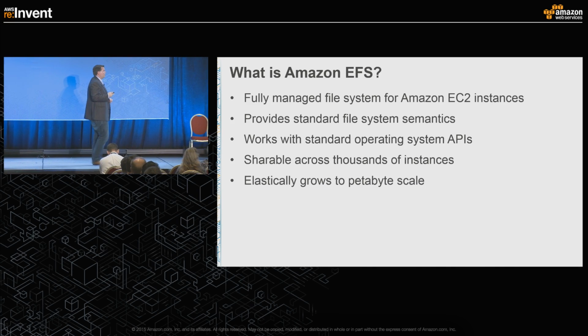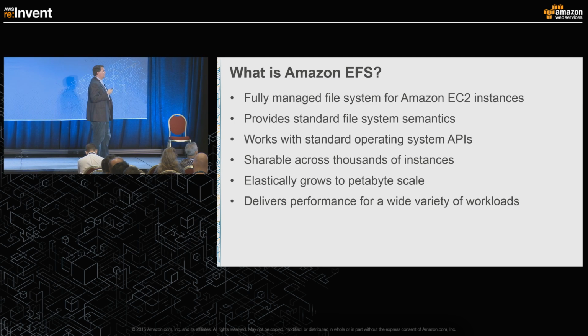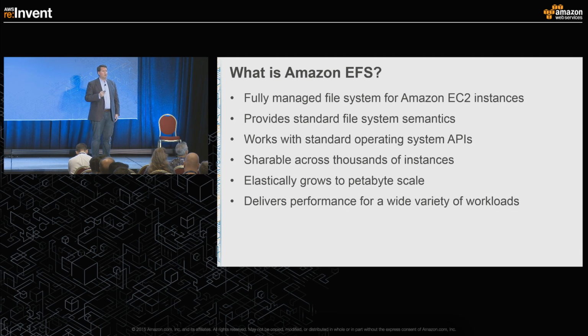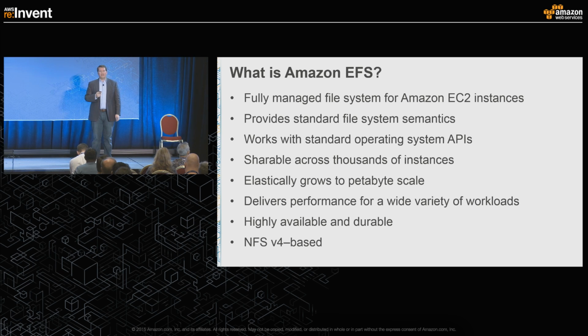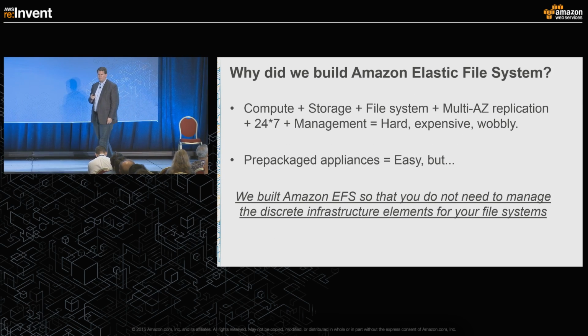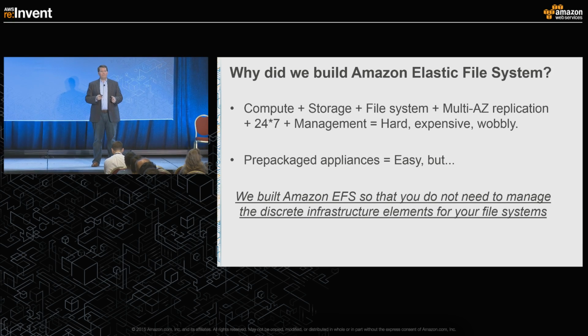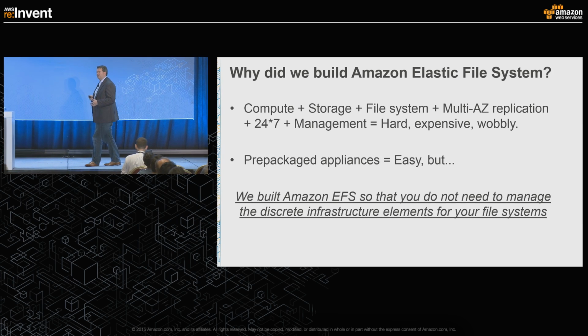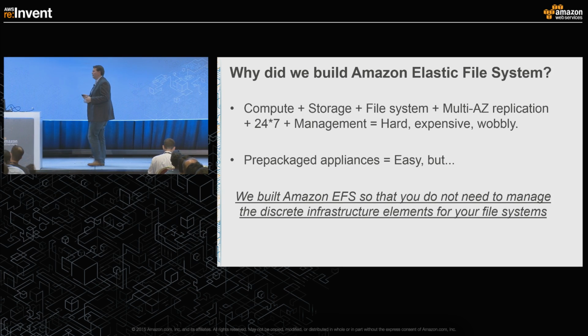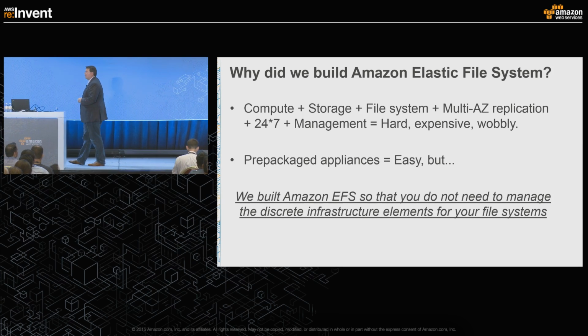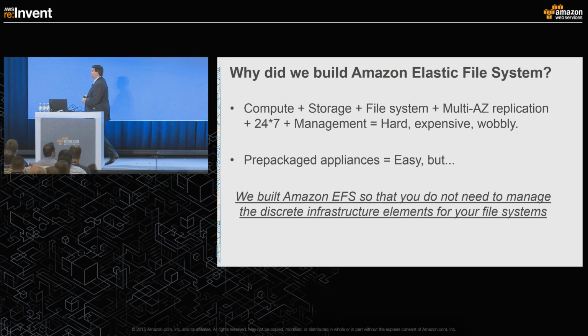It elastically grows to the petabyte scale, delivers performance for a wide variety of workloads, and is highly available and durable, and it's NFS v4 based. I think it's really important to understand why we built EFS before diving into its details, because our motivations really informed the design criteria and the types of capabilities that EFS is going to be able to deliver into your environment.